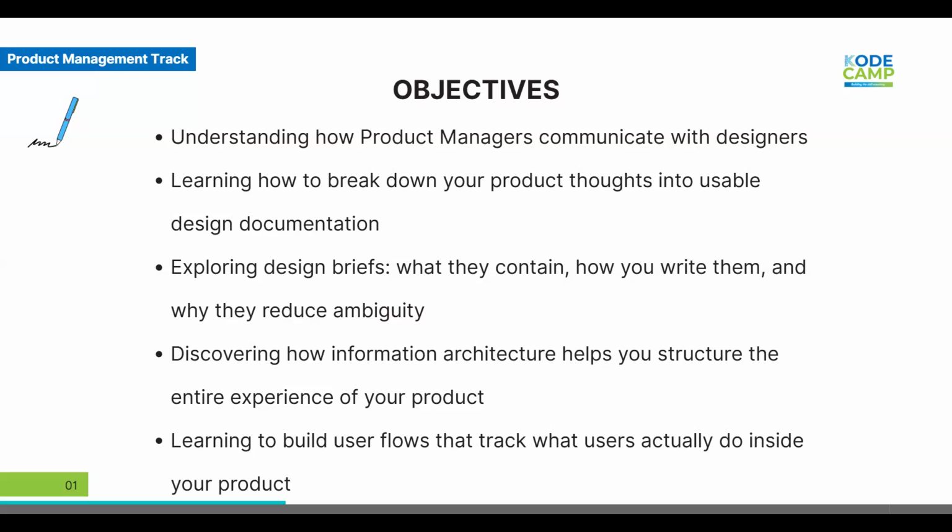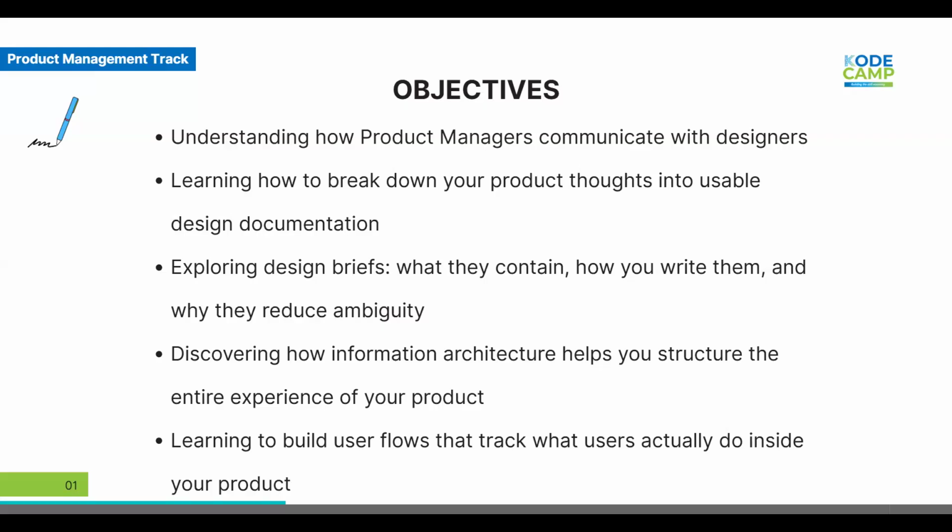The success of your product starts before a single screen gets designed by the designers. So when people say we want the app to look modern, or let's make it simple, or we want it to be seamless, and so on, those are just product vibes.